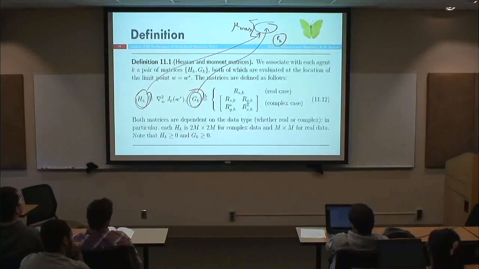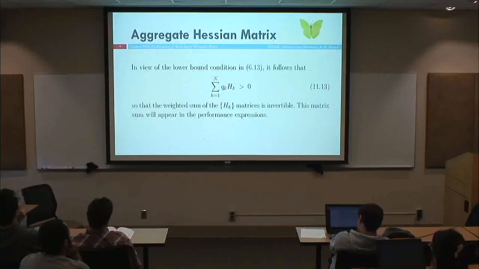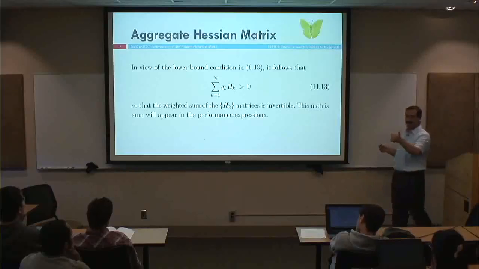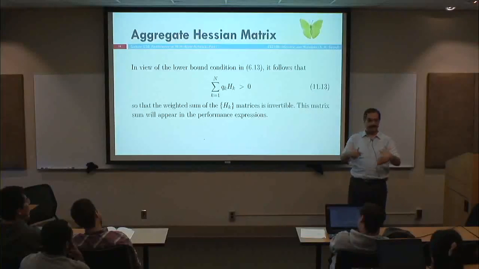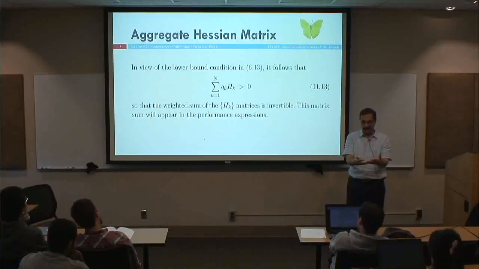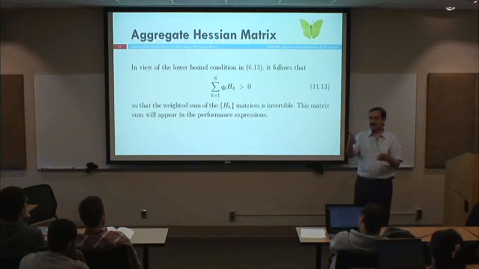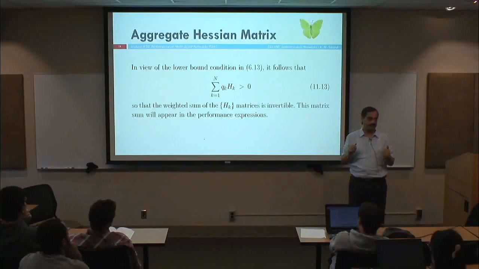Okay. So again, remember, the H is non-negative because it's a Hessian, and the G is also non-negative because it's a covariance matrix, okay? And because we assumed that my cost, what is the global cost? It is the sum of the individual costs. We assumed it is strongly convex, right? So its Hessian, which is the sum of the H's, is strictly positive.